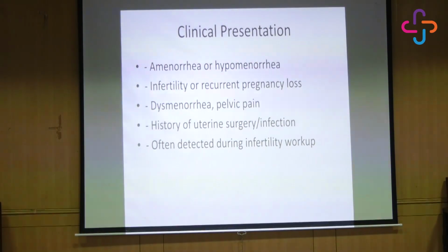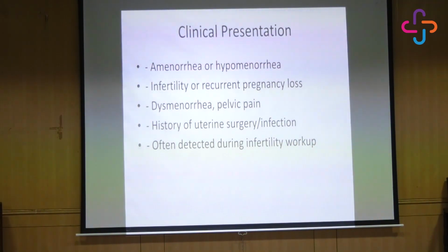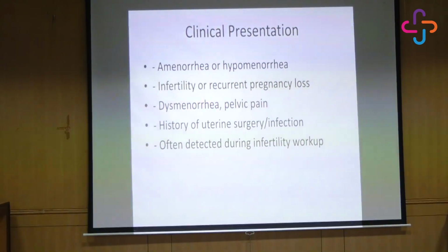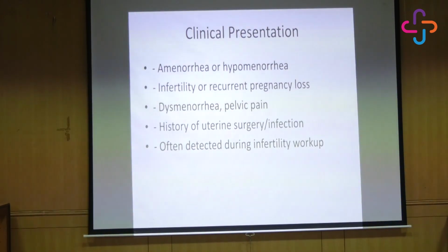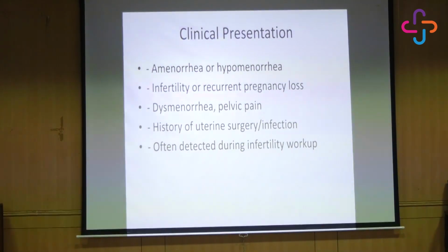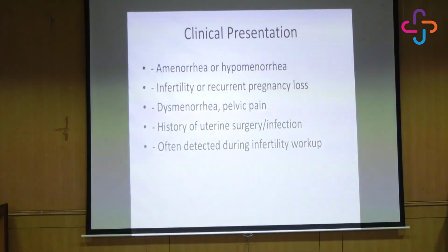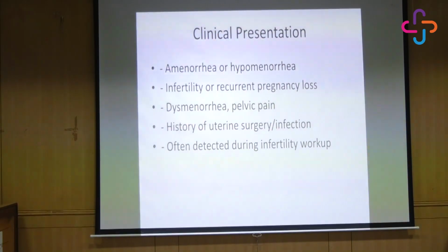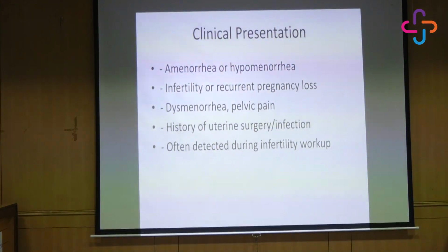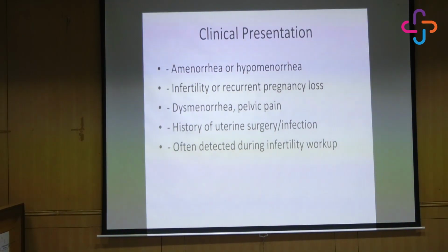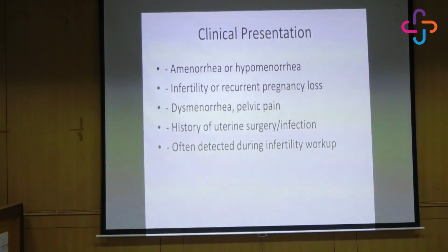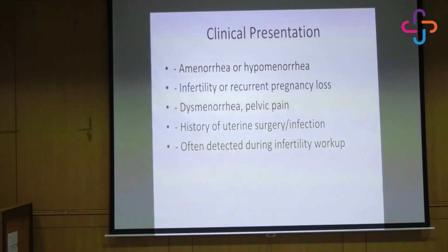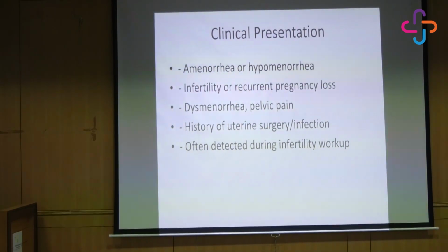So how do these patients usually present? Usually they present with hypomenorrhea, that is very, very little menstrual bleeding, or even amenorrhea, months of not having menstrual bleeding, or they can be picked up when they come for an infertility workup, or they might present with recurrent pregnancy loss, recurrent abortions, or severe lower abdomen pain during menses, pelvic pain even in non-menstrual cycles, and a history of any uterine surgery for myomas, or prolonged PID which was treated.